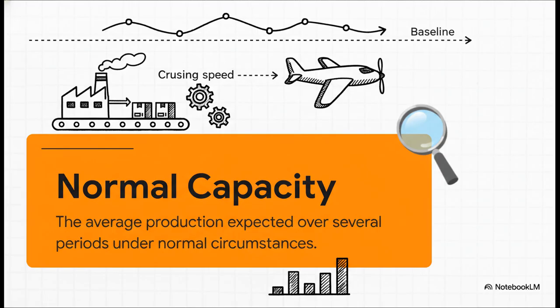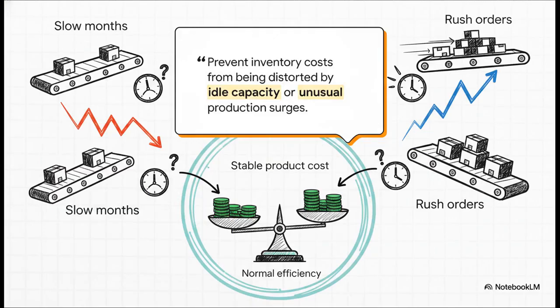And that average becomes the baseline we use for everything. And why do we do this? Well, the whole point here is to stop your inventory's value from swinging all over the place just because you had one slow month or one crazy rush order. It's all about making sure the product's cost reflects the factory's normal efficiency, not the temporary chaos of the day-to-day.